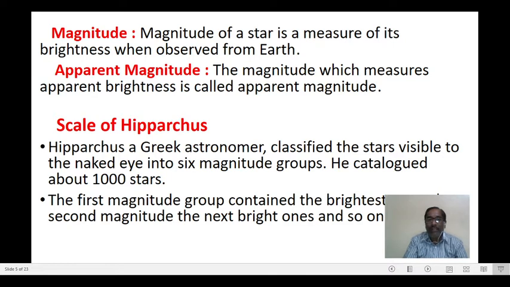Now, scale of Hipparchus. Hipparchus, a Greek astronomer, classified the stars visible to the naked eye into 6 magnitude groups. He catalogued about 1000 stars. The first magnitude group contained the brightest stars, the second magnitude the next bright ones, and so on.